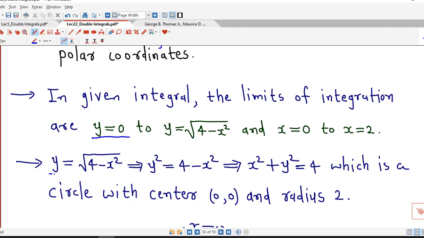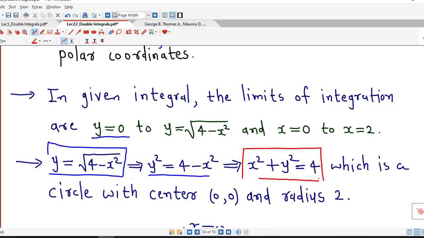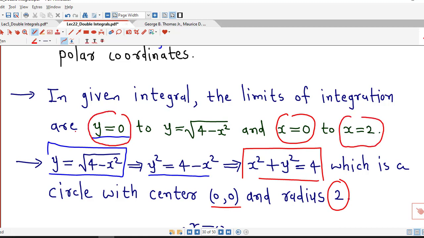If we take the square on both sides, we have y square equal to 4 minus x square, which we can rewrite as x square plus y square equal to 4, a circle with center origin and radius 2. So we have one circle and 3 lines: x equal to 0, that is the y axis, x equal to 2, and y equal to 0, that is the x axis.